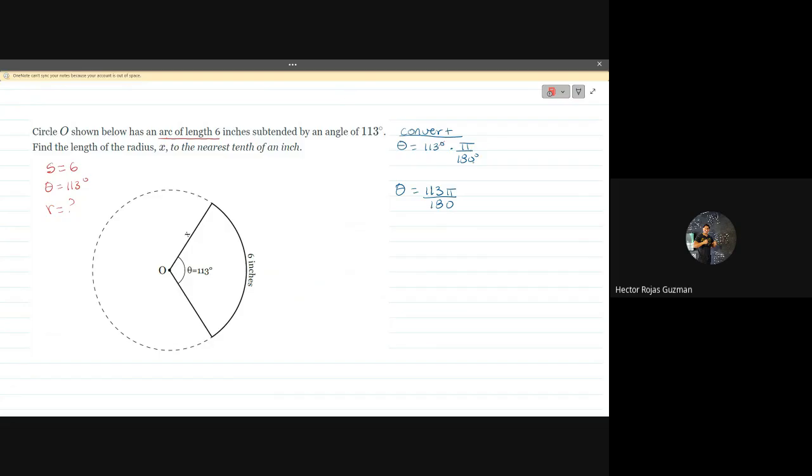The degrees cancel each other out. And once again, there's no common factor that I can use to reduce the fraction. So just going to go ahead and plug it into the calculator. And that gives me 1.972 radians.